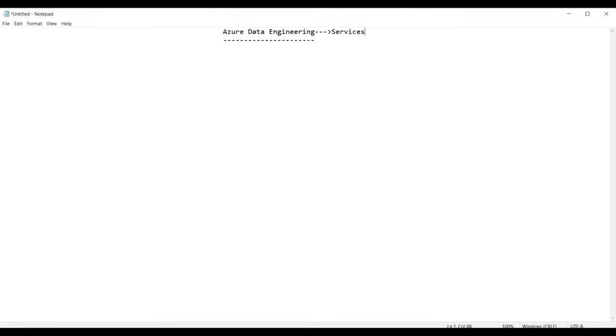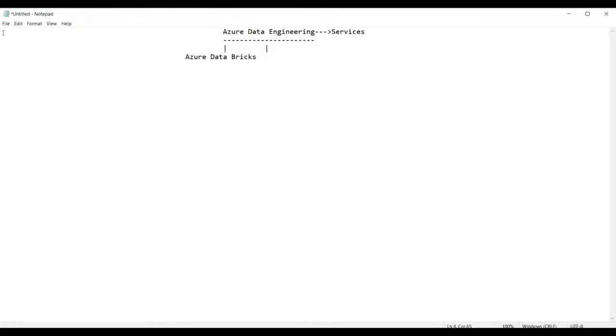The following are the various services provided for various operations in Azure Data Engineering. The first one is Azure Databricks.